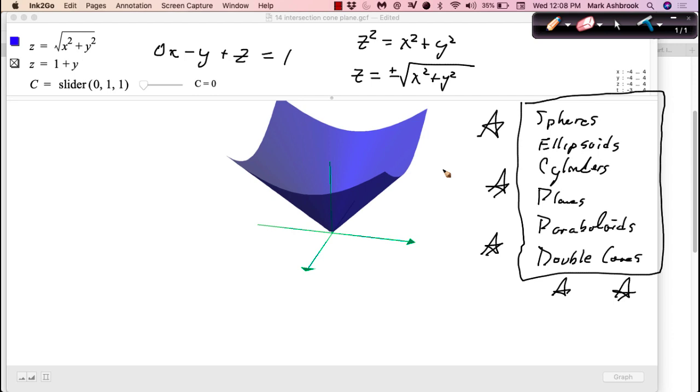Let's find out. Okay, so let's do the math, and then we'll graph it and see. I want to find the curve of intersection. So I want to bring these equations together. How can I? This one's kind of pretty easy first step. Since they're both equal to z, I could just set them equal to each other.